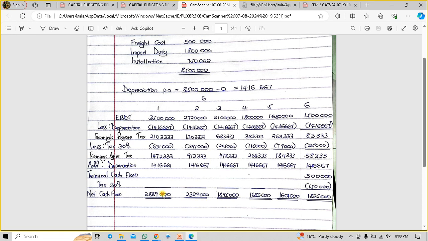So you just add this net cash flow, 2,889,000 plus 2,029,000 plus 1,895,000. After adding, you're supposed to get 7,113. Then you take 8,500 minus 7,113. Whatever you get, you divide by this figure. Actually, I'm supposed to share. Let me share what I have here.